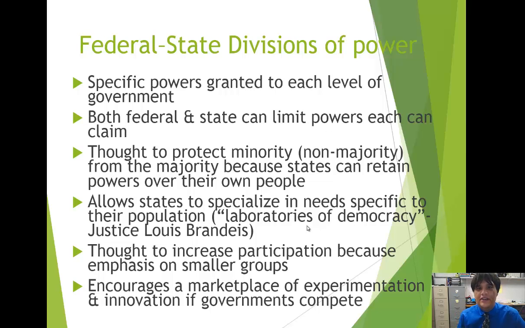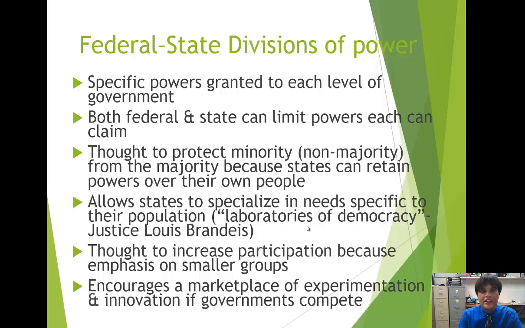This federal and state division of power under this system of federalism allows for specific powers to be granted to each level of government. Each level of government has certain powers that it carries out. And we're going to go ahead and talk about those later on in the lecture. In fact, we're going to talk a lot about what powers are delegated to each level of government. Both the federal and state can limit the powers each can claim.